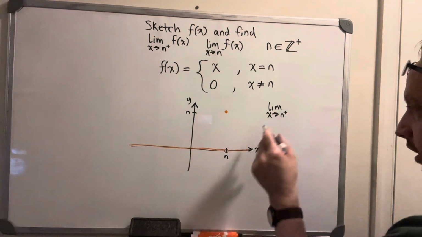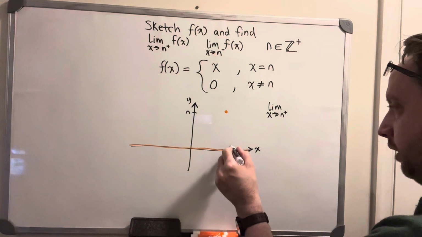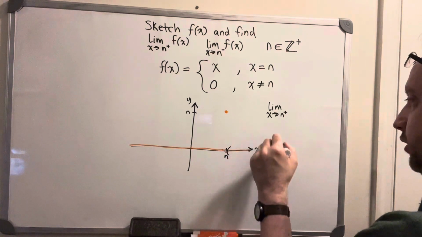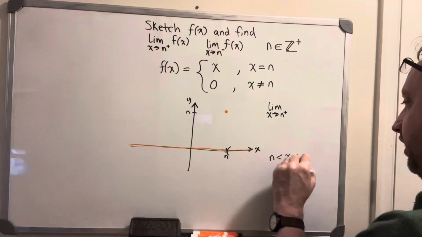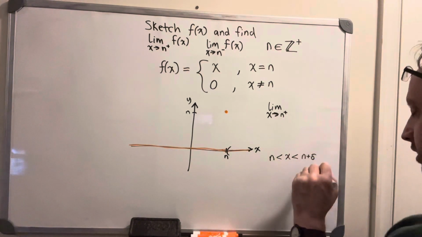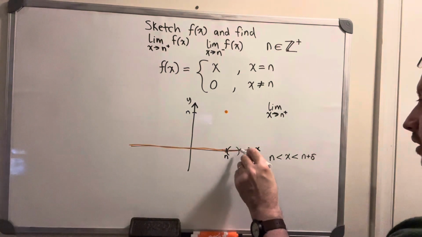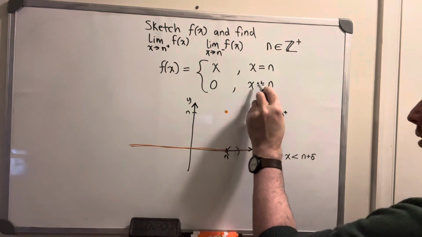We're not on n because the open interval that we're taking is between n and some n plus delta, right? So if we're talking about this interval right here, we would use this one.